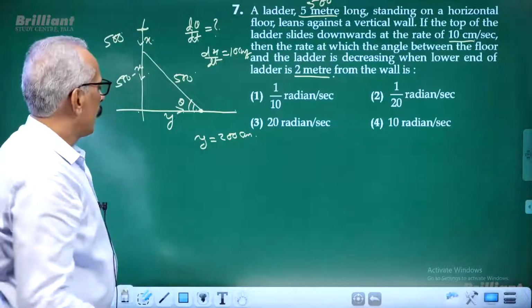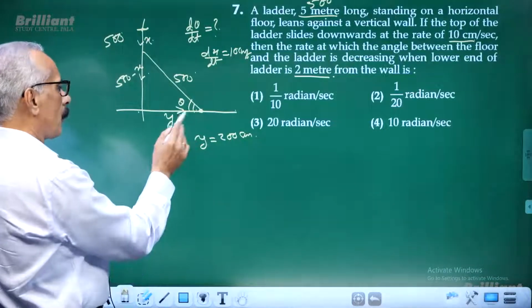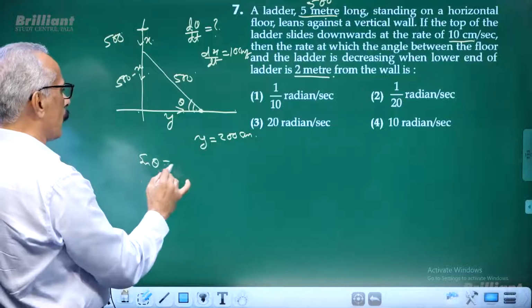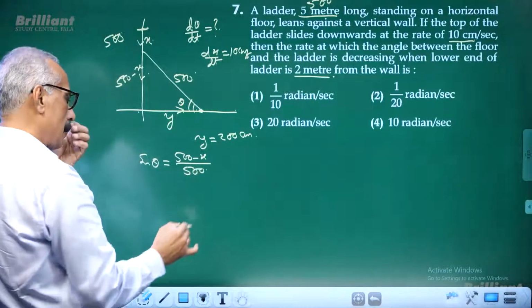Well, we will find it out one by one. What is it? Sin theta or cos theta? Sin theta is equal to 500 minus x divided by 500. Ready?